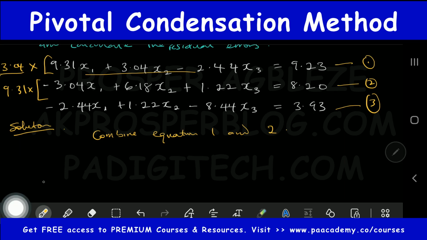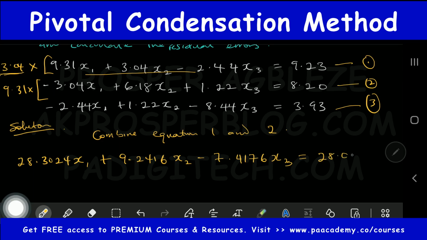You might want to do that also from your head, and don't forget we are asked to get our answers to 4 decimal places. So for all the calculations, make sure your approximation is to 4 decimal places. So 3.04 multiplied by 9.31 x1 and the other values, this is going to give us 28.3024 x1, plus 9.2416 x2, minus 7.4176 x3, equals 28.0592. So you see that everything is to 4 decimal places.